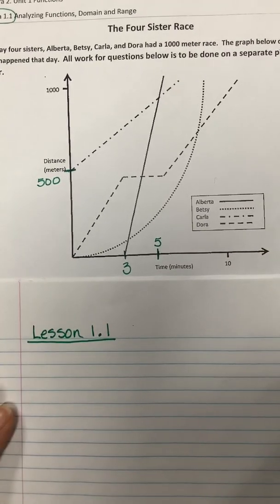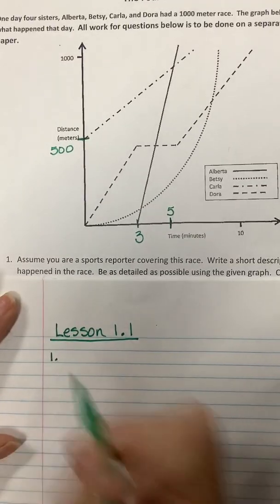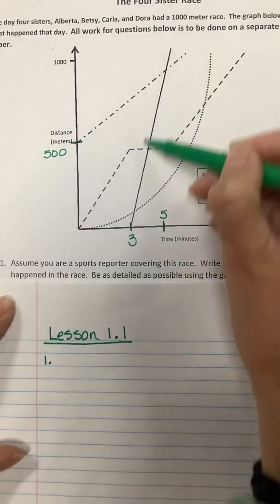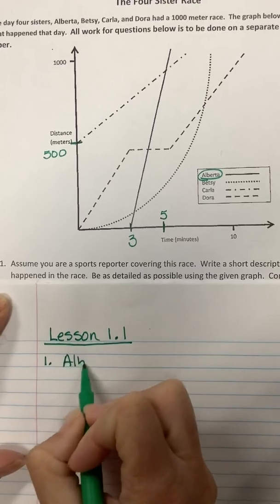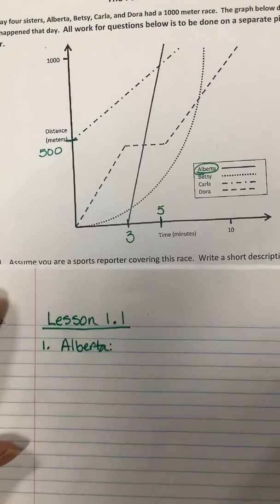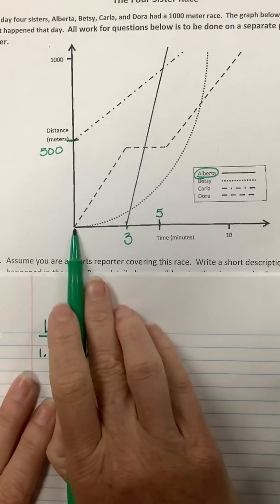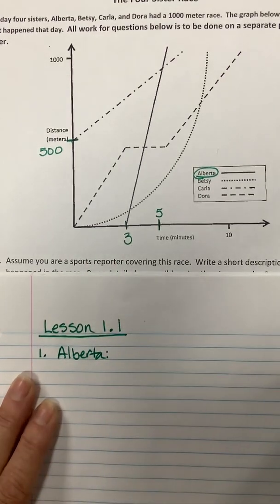All right, here we go, lesson 1.1, and it looks like this is question 1. I am a sports reporter and I need to describe the 4 sisters. I'm going to start with this sister, and according to the key, I can see that that's Alberta. So I'm going to be very organized. I've got Alberta running the race. Let's think about the start of this race. Wait a second, the race starts at time 0, but Alberta does not start until 3 minutes into the race.